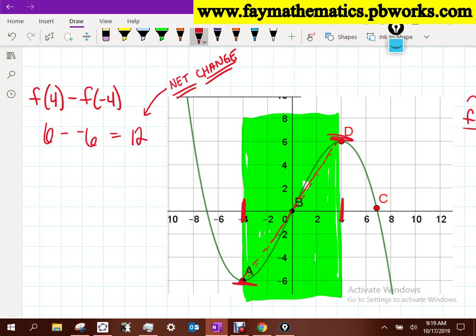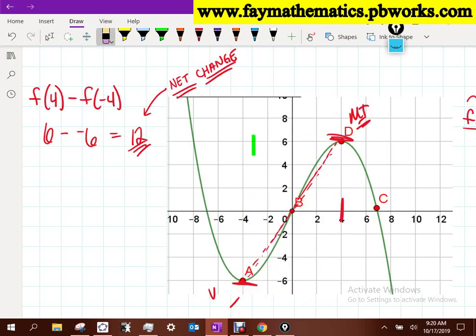Now, if I want to find the average rate of change, think about this. If I'm going from A to D, let's say that down here I'm in a valley. Maybe I'm hiking, and up here is a mountain, right? As I get there, the average change in elevation is 12 whatevers. Does that make sense? Well, as I walk, am I always walking at that rate?